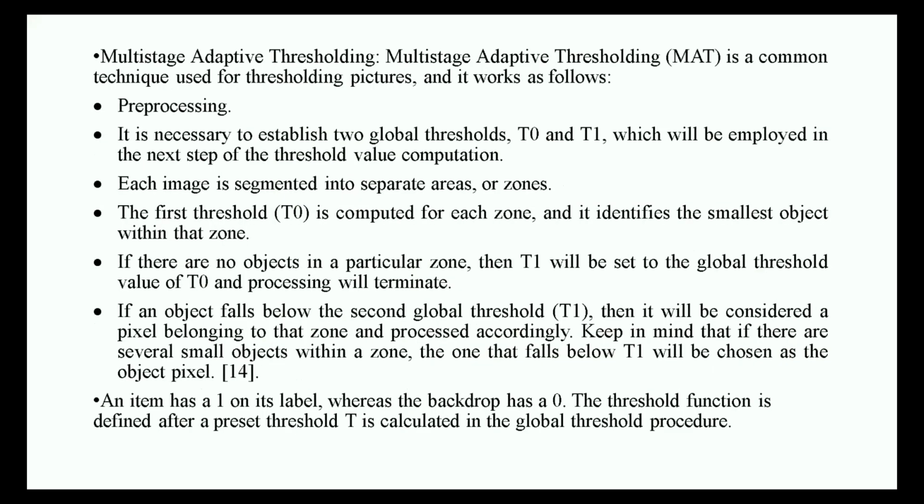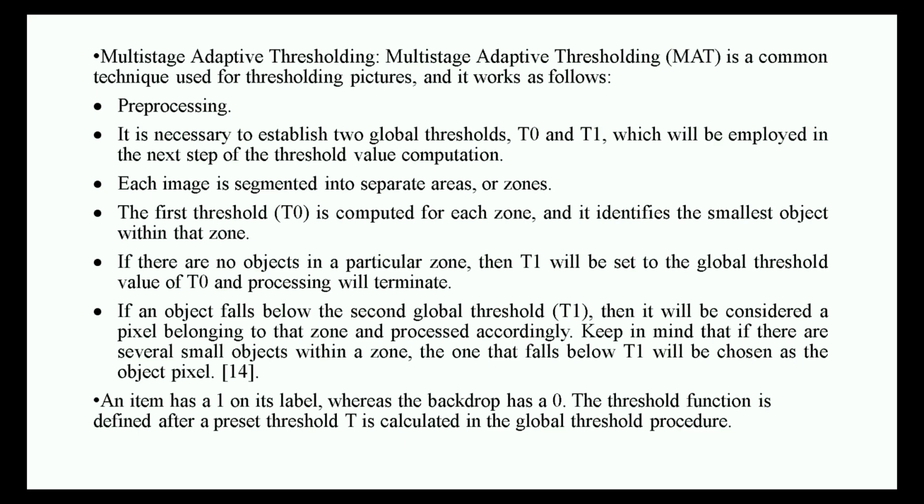Multi-stage adaptive thresholding, MAT, is the most commonly used thresholding method, as it follows. Number one, pre-processing. Number two, it is necessary to establish two global thresholds, T0 and T1. Each image is segmented into different zones and specific areas. T0 is computed for each zone and identifies the smallest object within that zone. If there are no objects in the specific region, T1 will be set as the global threshold value.